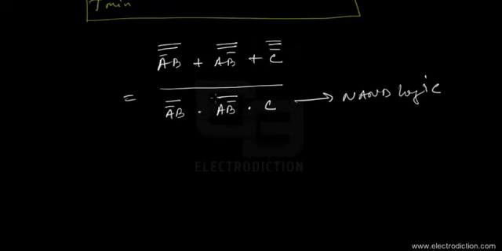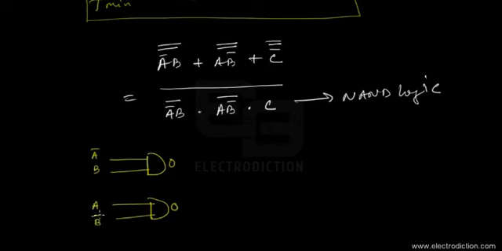So we'll go forward and construct the circuit diagram using the same. So we have 1 NAND gate. We're going to need 3 NAND gates in total. We have 2 NAND gates over here. If we have A bar and B for 1, then we have A bar B complement, and for the next one we'll have A and B bar, so that we have AB bar complement as its output.